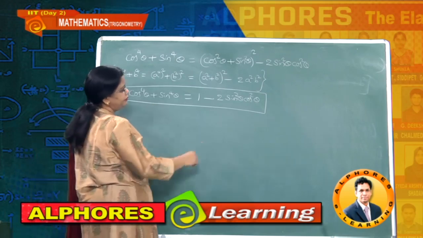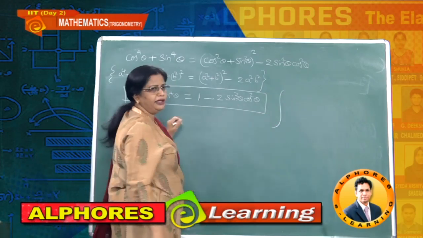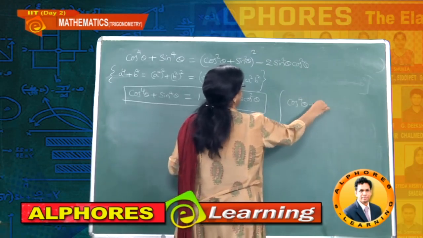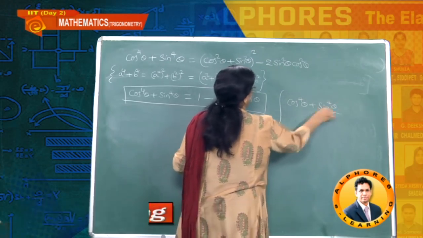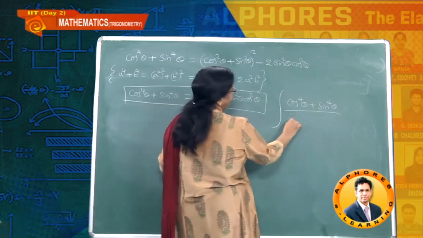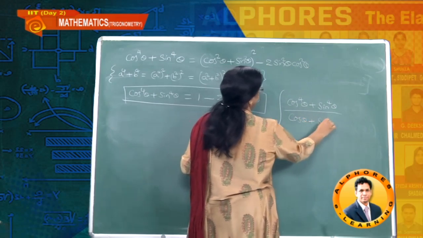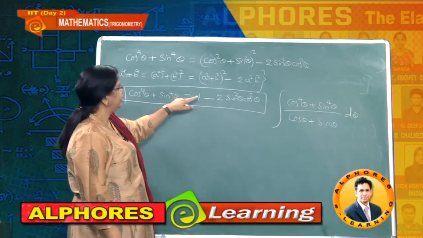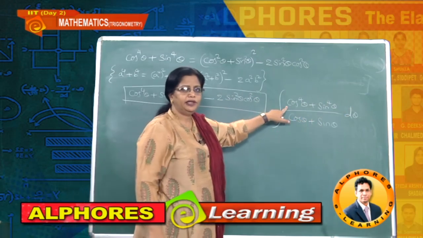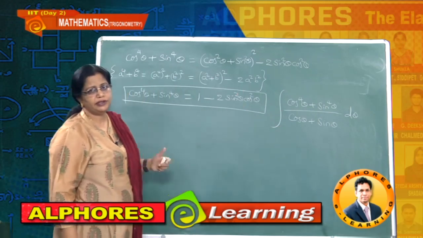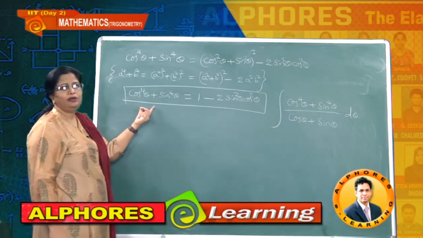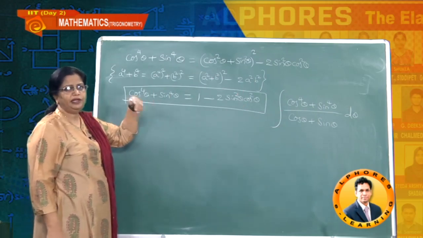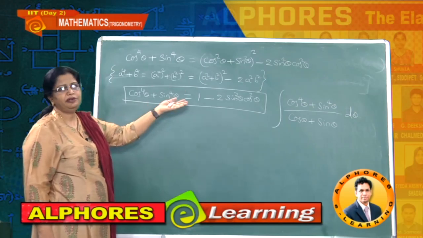For example, if I take a problem of the integral of cos to the power of 4 theta plus sin to the power of 4 theta divided by cos theta plus sin theta d theta, at that time we directly apply this formula in the numerator, and thereby we can complete the integration process. That is the reason we start trigonometry in the beginning. The meaning is, in other chapters we frequently apply it.